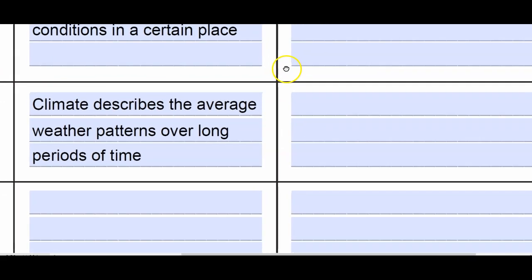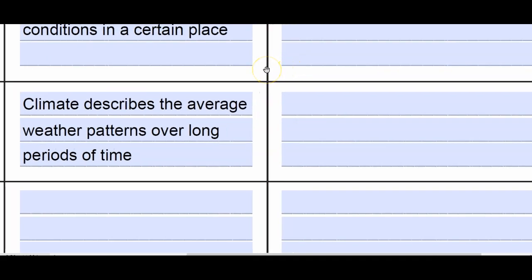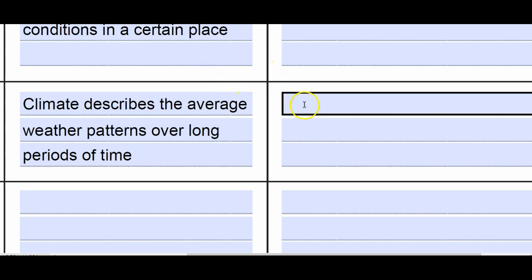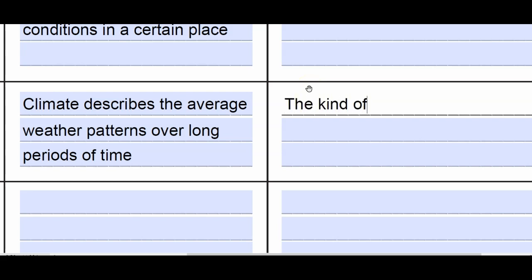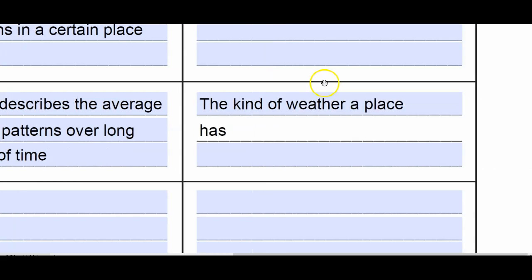And then the definition that goes with that is what is it like where we live? It is the kind of weather a place has. That's the climate. The kind of weather a place has.